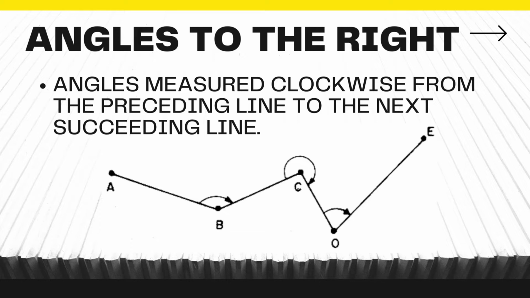For this example, the preceding line is AB and the next line is BC. So the angle to the right is the angle from line AB going to line BC. Same thing here: preceding line BC, next line CD. So the angle to the right would be from line BC to the next line, which is line CD.